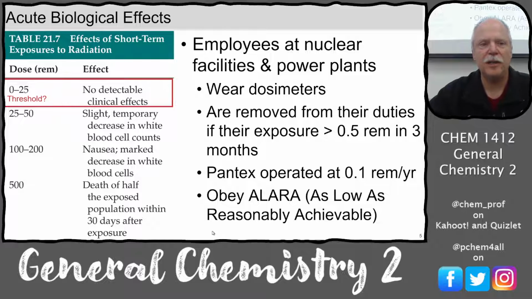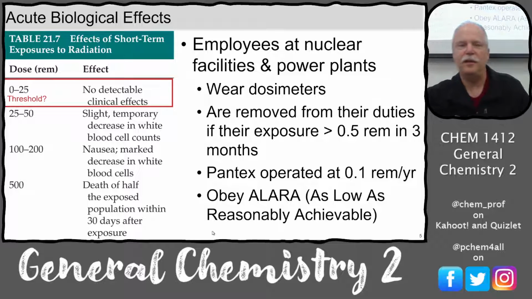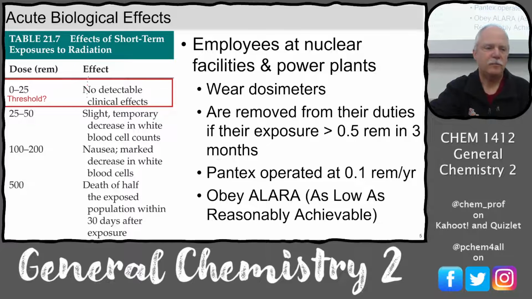Okay. So let's look at the biological effects of radiation. So this, again, is a dose in rem, not millirem. This is rem. So 0 to 25, there's no detectable clinical effects.